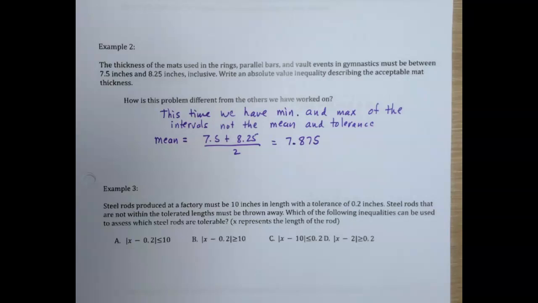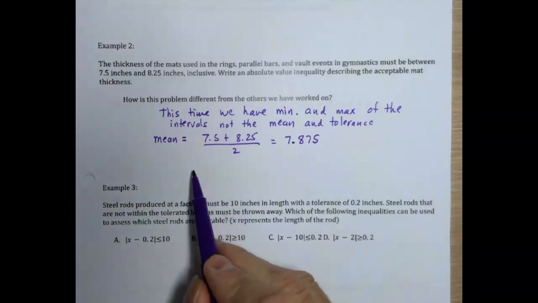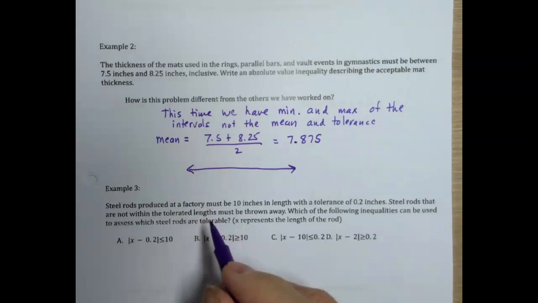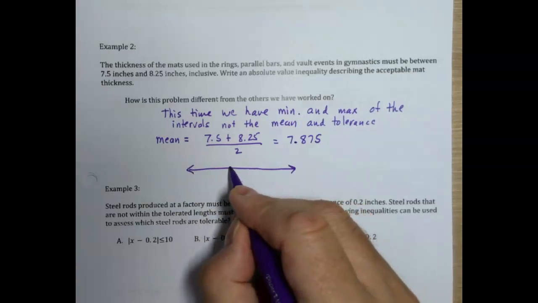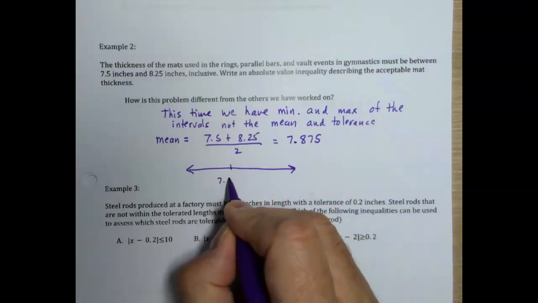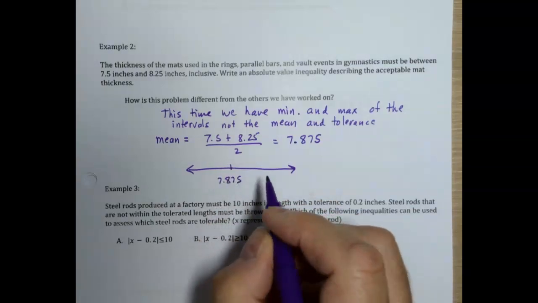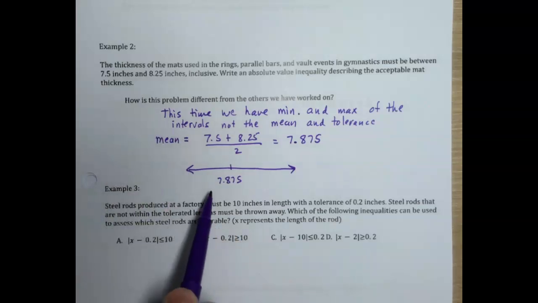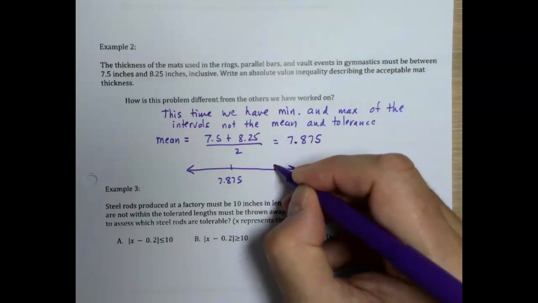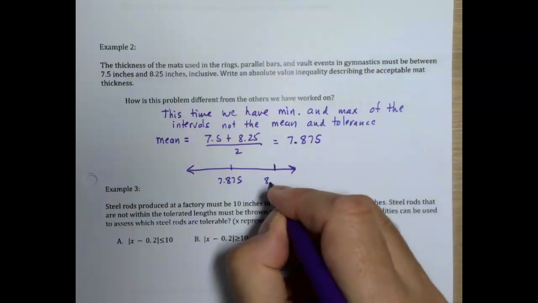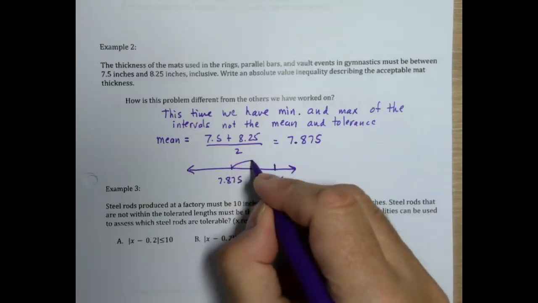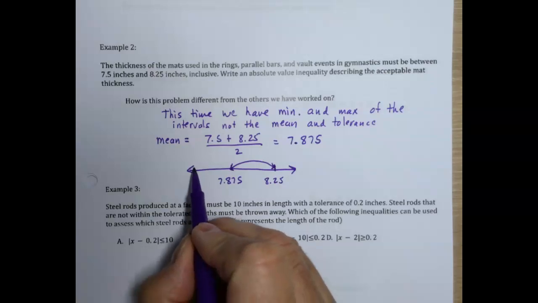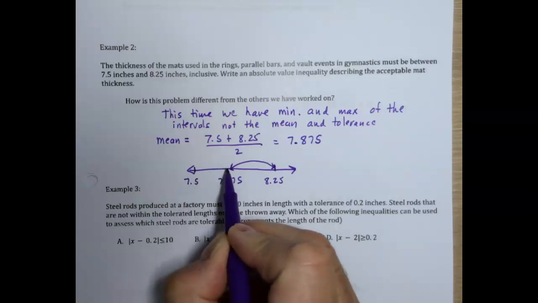Then we need to find the tolerance. So here's our mean, and we need to go from 7.875 to the next one, which is 8.25. Our smallest was 7.5.